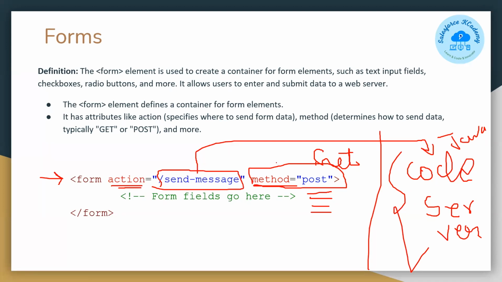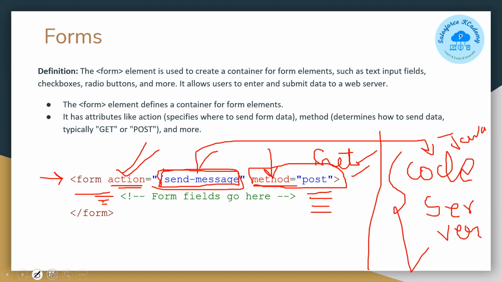For now, understand that there is another attribute, get or post, and the action attribute is like a server-side code address, a server-side code path. When you submit the form, it will go to that place, and that is what is mentioned in the action attribute.